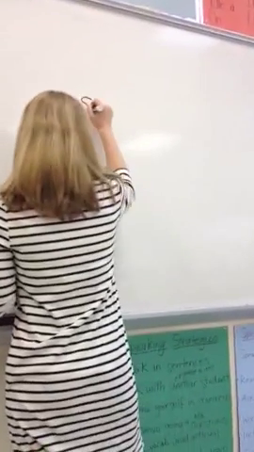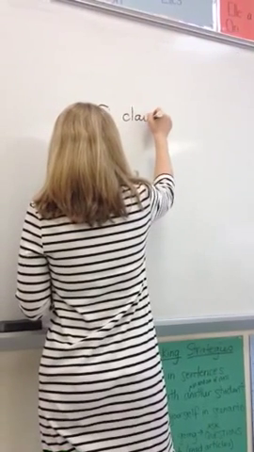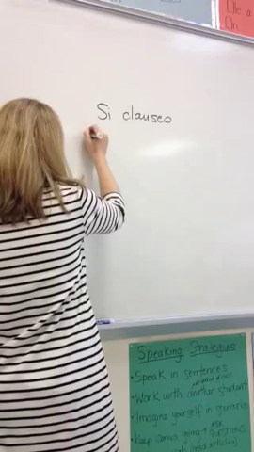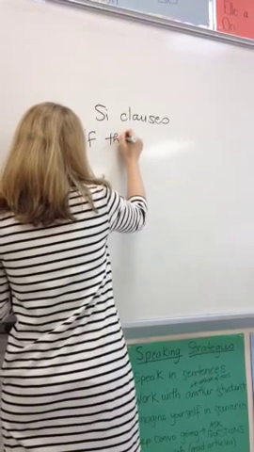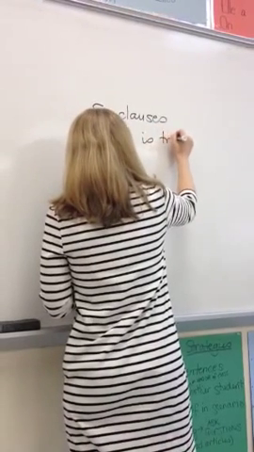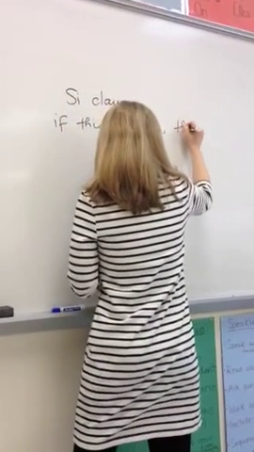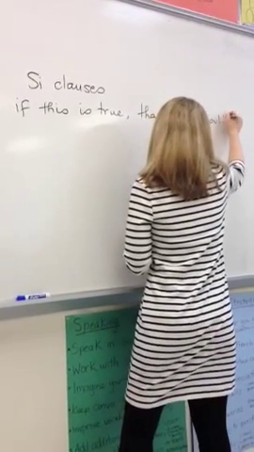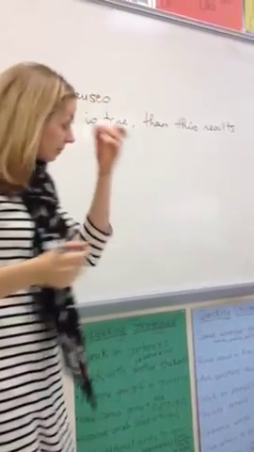So we are going to talk about si clauses, which in English express the idea of if this is true, then this results, and in French they express the same idea. Okay?